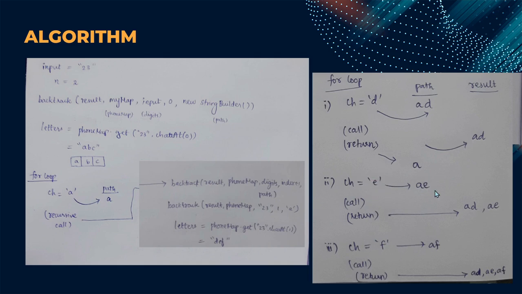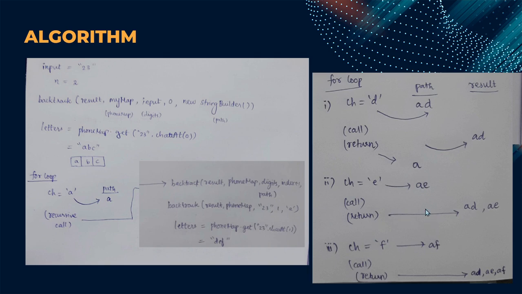Then in the for loop, during the second iteration, the next character E is extracted. It is getting added to the intermediate path, that is A. Once that is added, AE is the next possible string, and that is added to the list. Here, when the recursive call is made again, it follows to the base case, and hence it returns simply from the call.